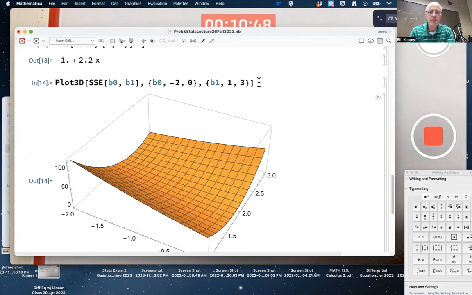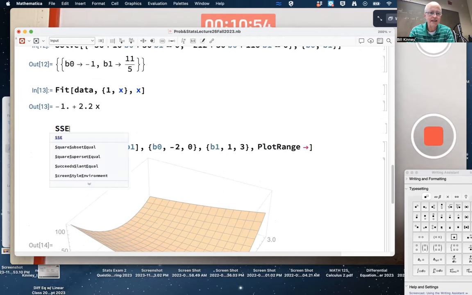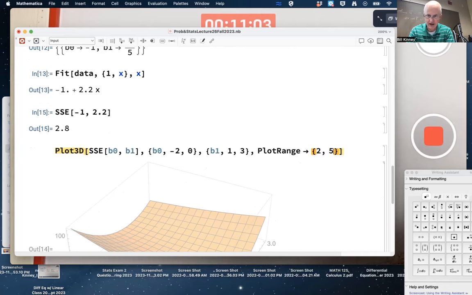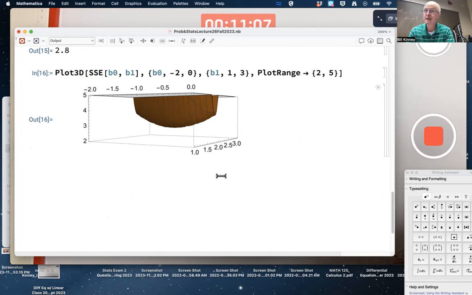There we have it. Maybe we want to restrict the plot range a little bit more in the vertical direction. Let's also evaluate SSE at -1, 2.2 to see how low it goes. 2.8 is its lowest value. So maybe make the plot range go from 2 to 5. A little bit strange, but it does look like it has a minimum where we said it has a minimum.